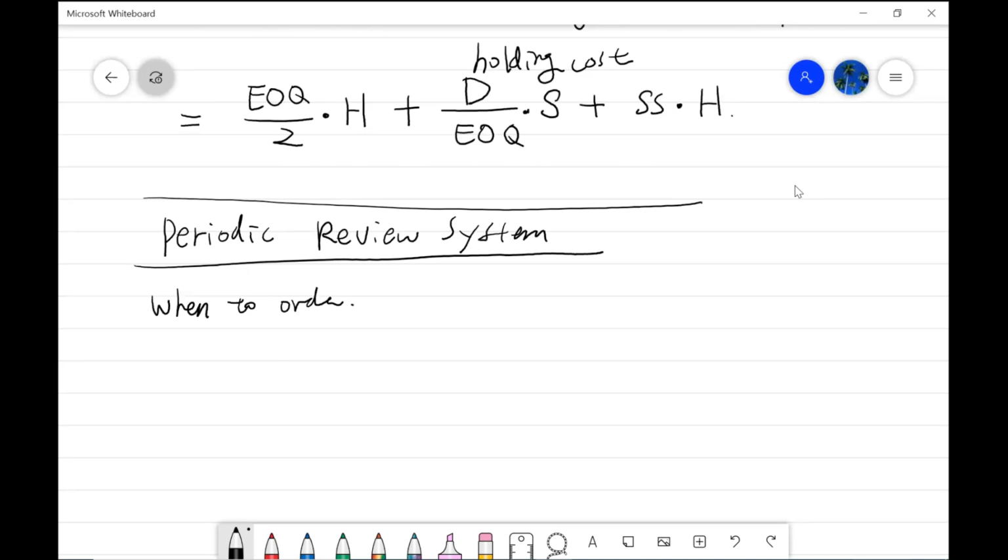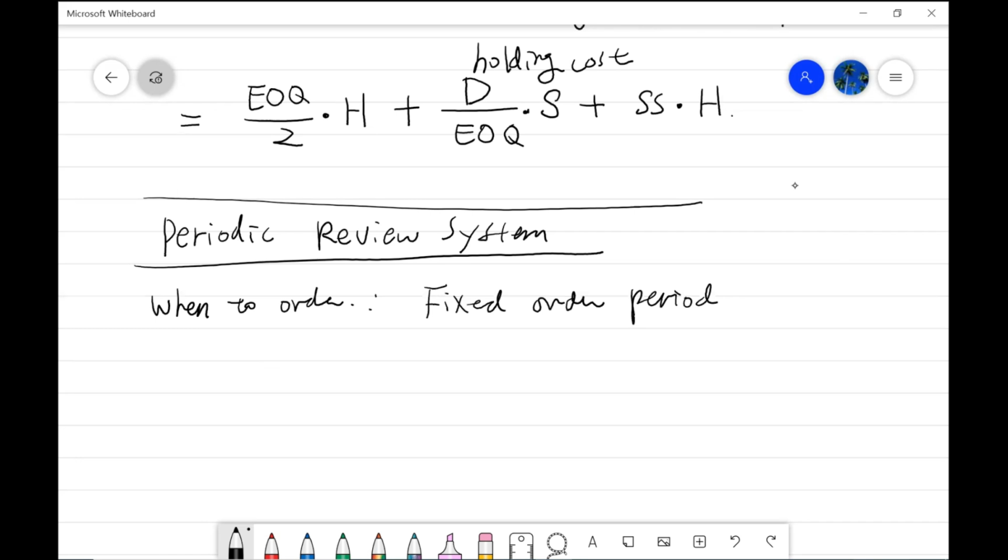Whenever you drop by your warehouse, you have to order some amount. That's why here I have a fixed interval reorder. So this is a fixed order period.